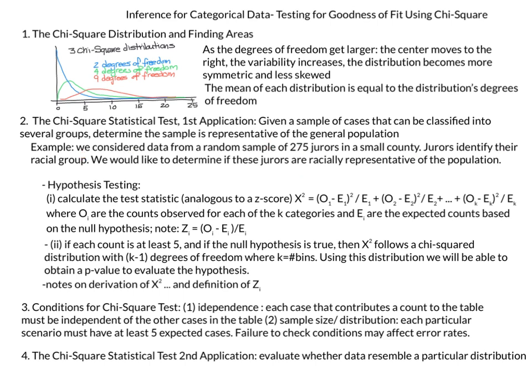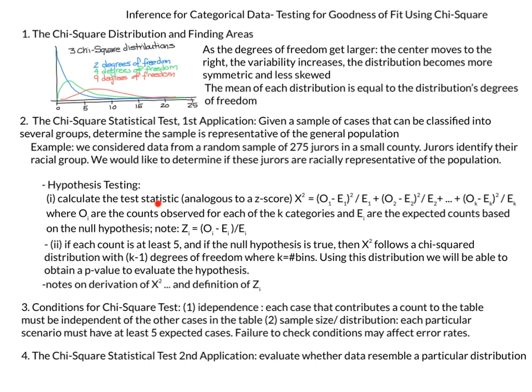In other words, if the people in this county can be classified by races, and let's say the races are white, black, and Hispanic, we could see if the 275 proportions of white, black, and Hispanic matches the general population's proportions. And we do this using hypothesis testing.